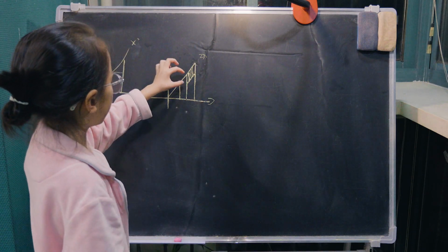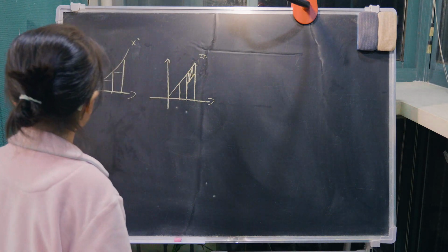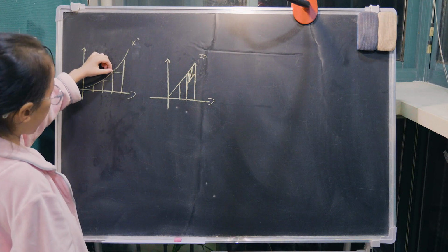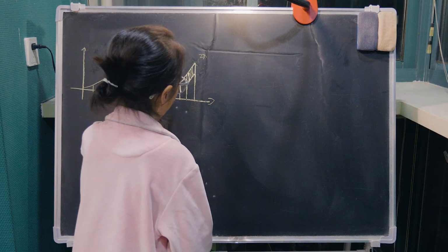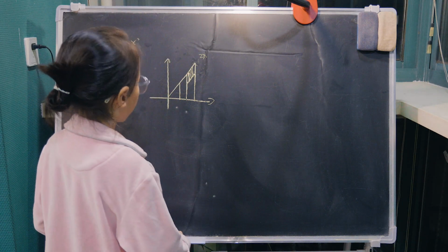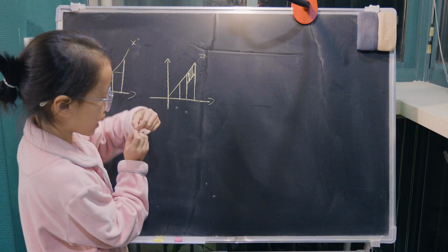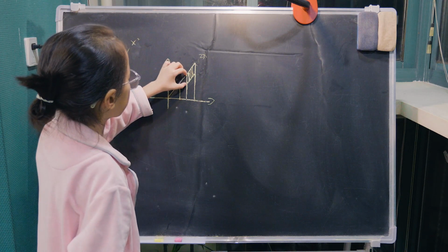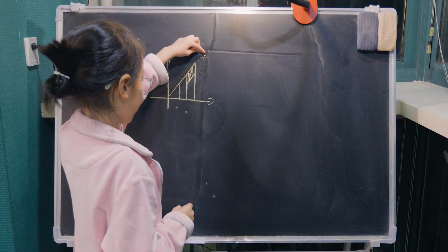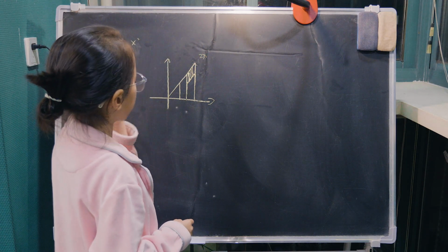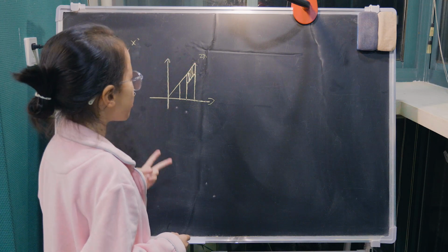Here, the first increment is the first very tiny rectangle, a very tiny and long rectangle. And what's this value? Because this function is 2x, so this is 2.